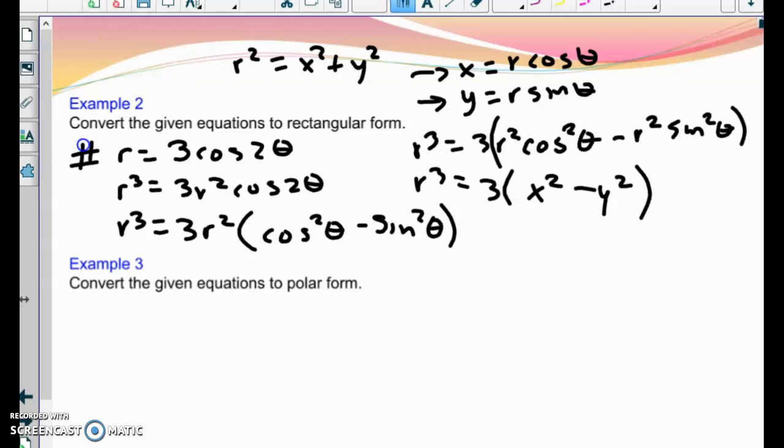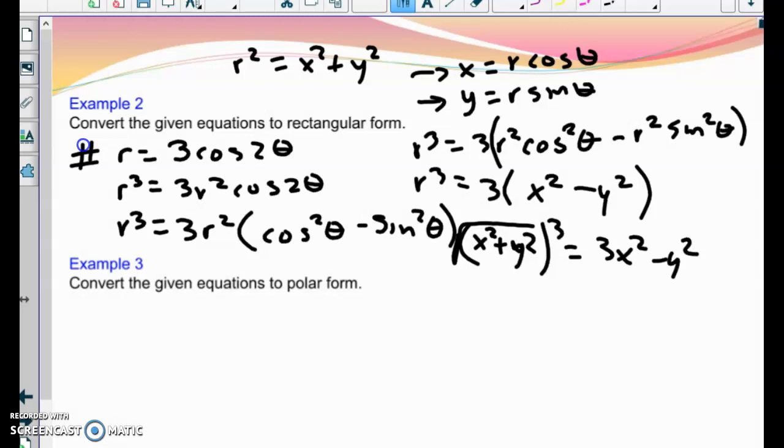And I'm going to replace the r with the square root of x squared plus y squared, so the square root of that cubed, equals 3 times x squared minus y squared.